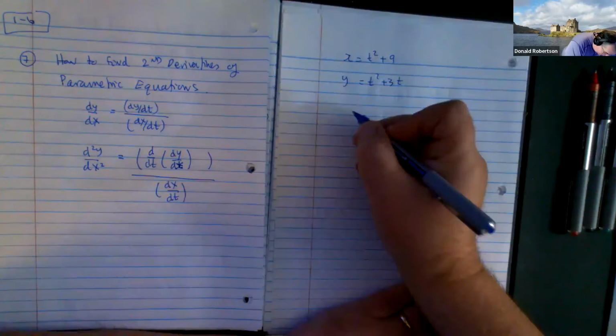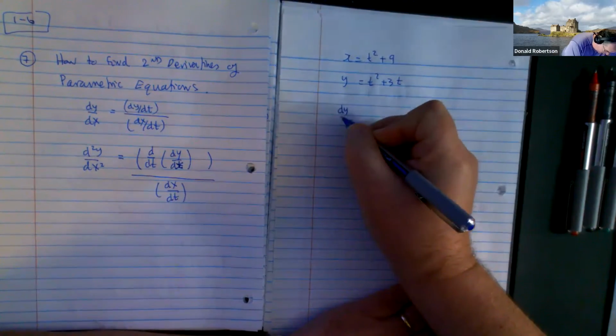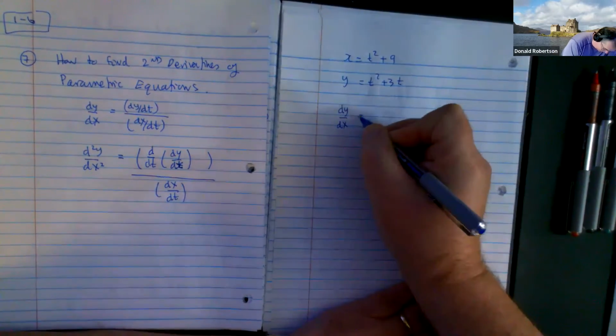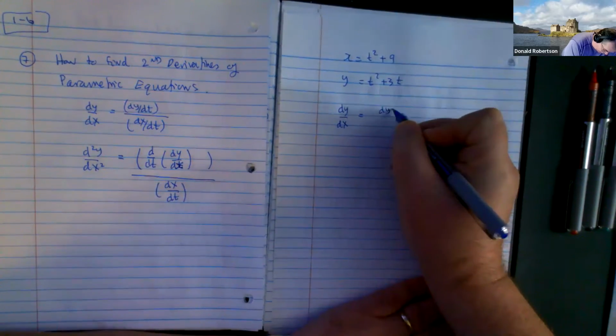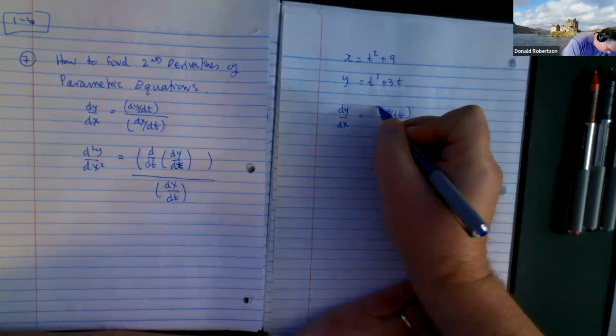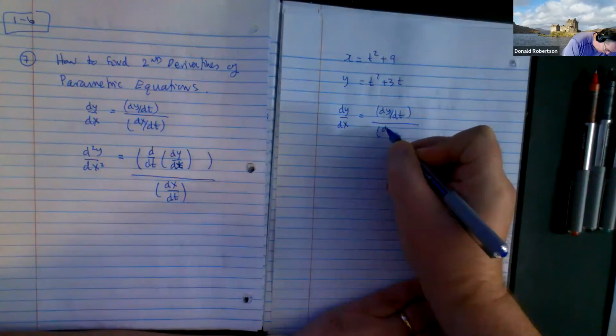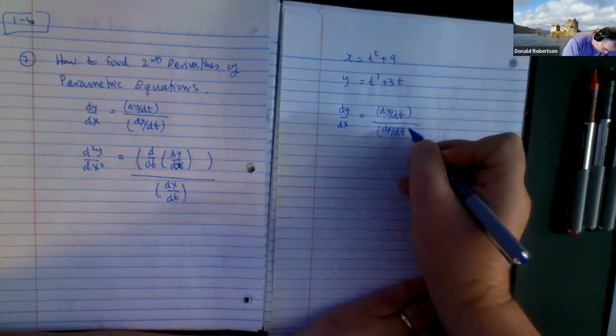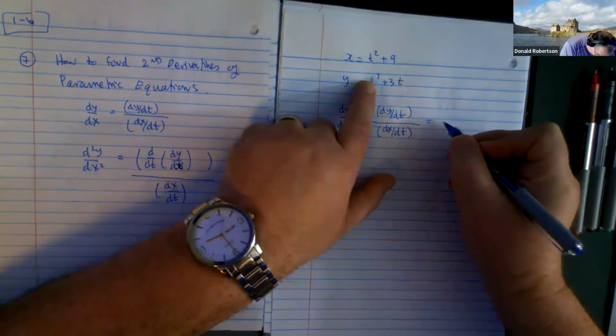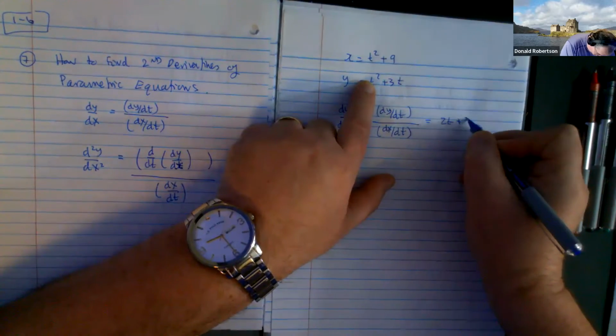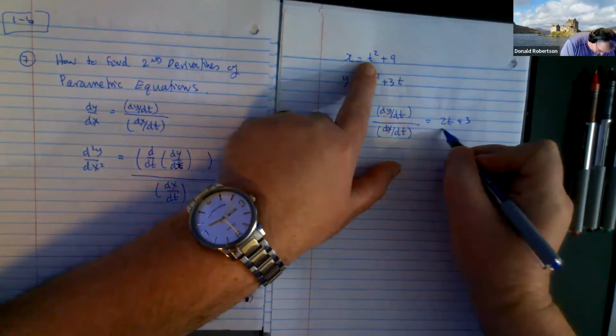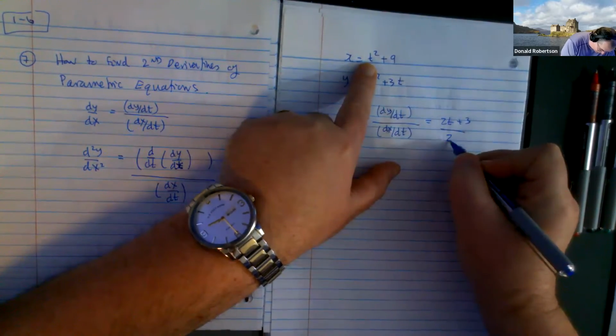So we have to find dy by dx first. That's differentiate y with respect to t on the top and differentiate x with respect to t on the bottom. And this gets me 2t plus 3. And this gets me, what's that, 2t?